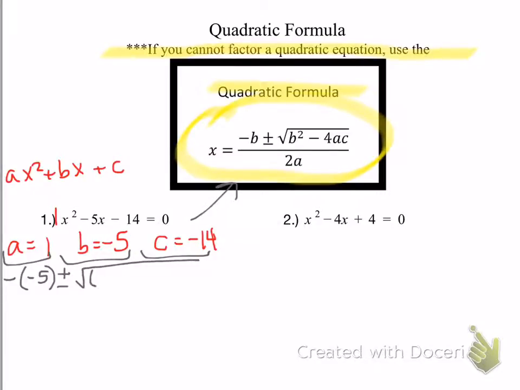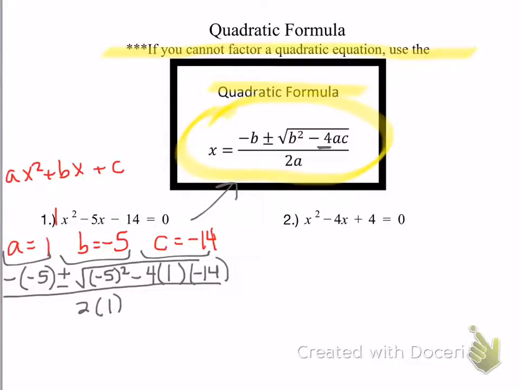The first thing under my radical is b squared, so that's -5 squared. Minus 4, that 4 is given in the formula, so that number doesn't change. We multiply it by our a, which is 1, and c, which is -14. All of this is over 2 times a, which is 1. So that's my formula.